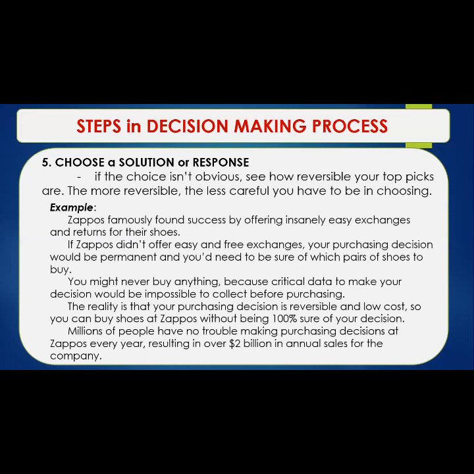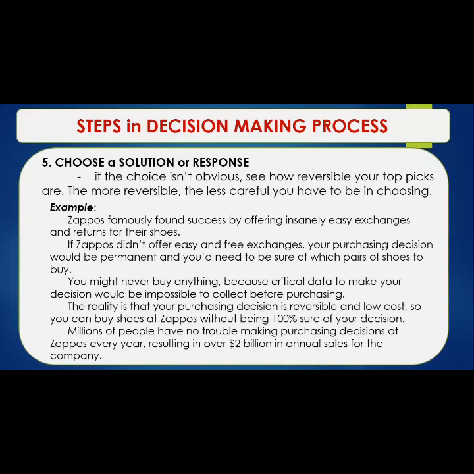If Zappos didn't offer easy and free exchanges, your purchasing decision would be permanent and you'd need to be sure of which pairs of shoes to buy. You might never buy anything because critical data to make your decision would be impossible to collect before purchasing. The reality is that your purchasing decision is reversible and low cost.